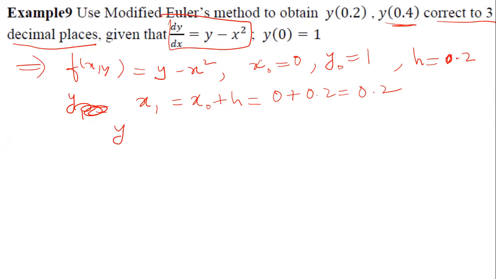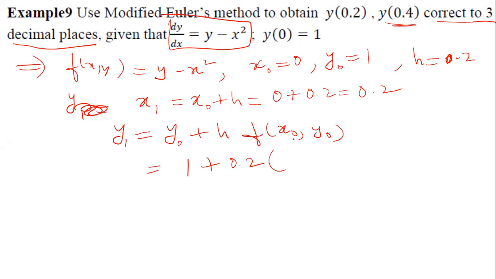Okay, we can calculate our y1, which will be y naught plus h f of x naught, y naught. So y naught is 1 plus h is 0.2, and this functional form is y minus x squared. So y naught minus x naught squared.